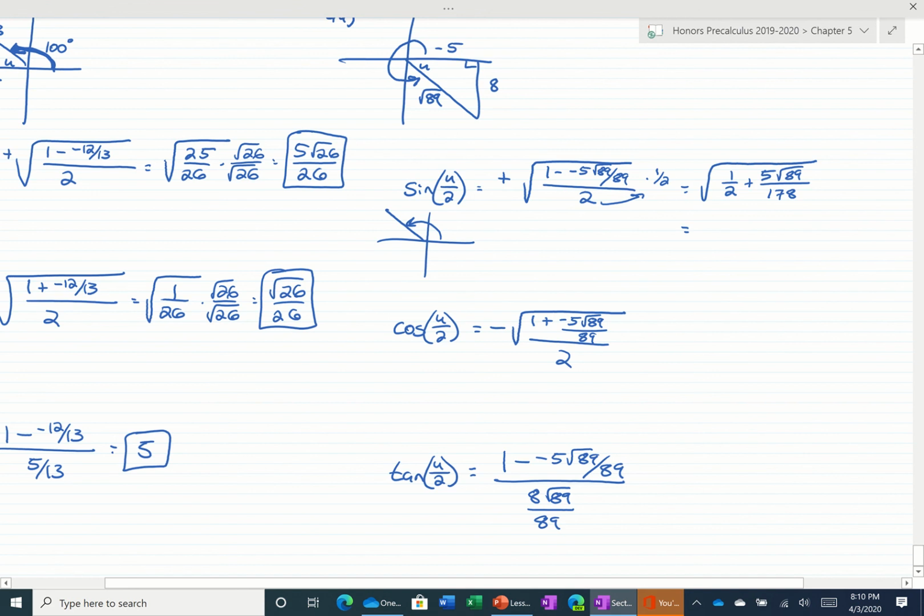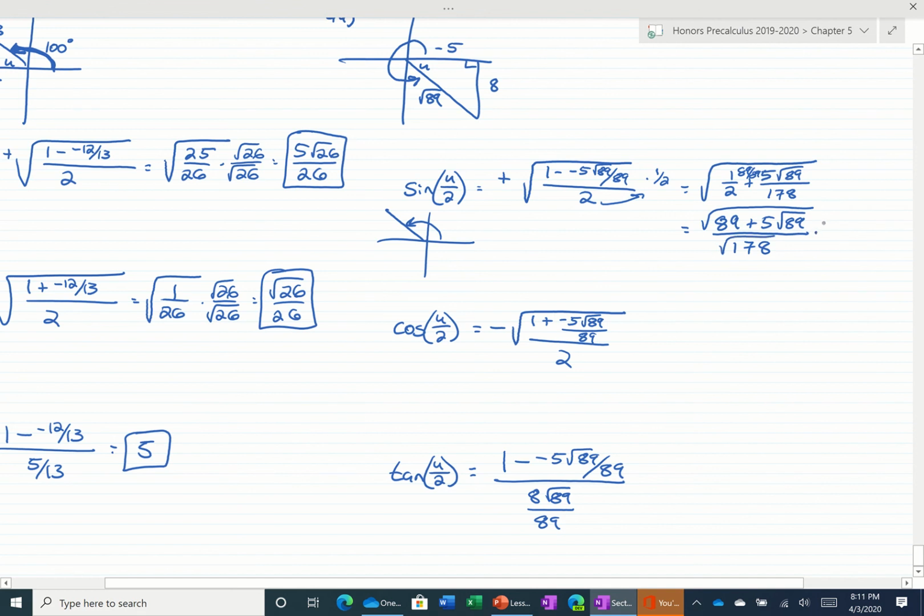Getting a common denominator, 178, I think it would just be 178. So I'd have to multiply the 2 by 89 over 89, which would be 89 plus 5 root 89 all over 178.